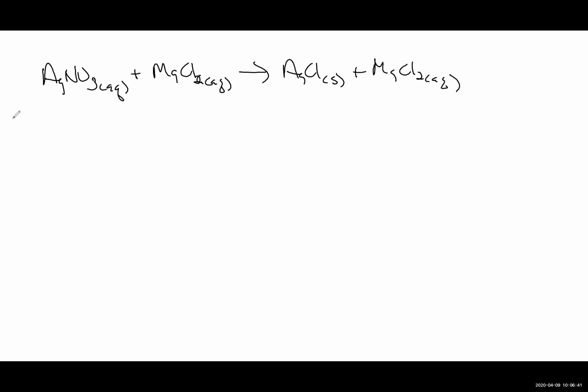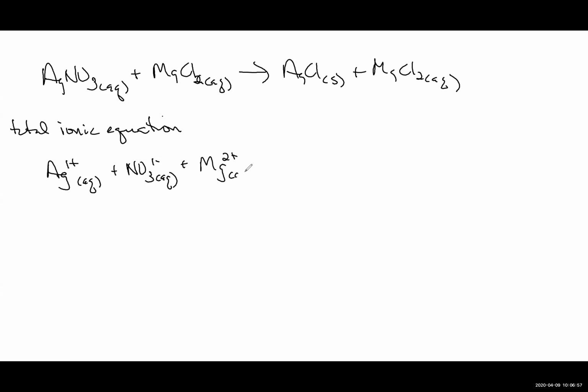So now if I want to write my total ionic equation, I'm going to write all the ions out. I'm going to show silver ions, aqueous, nitrate ions, aqueous, magnesium ions, aqueous, and chloride ions, aqueous.